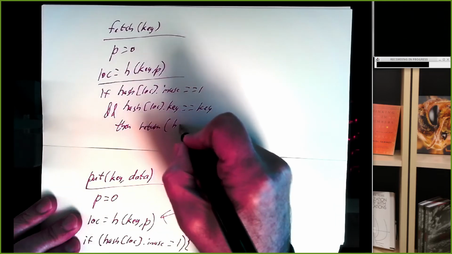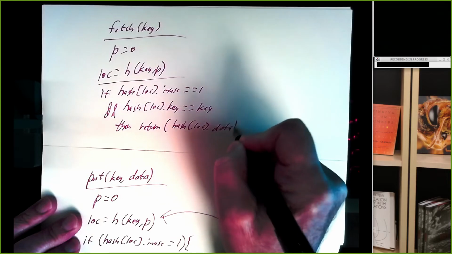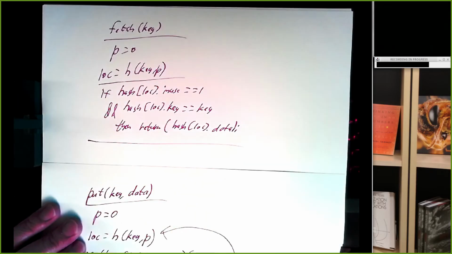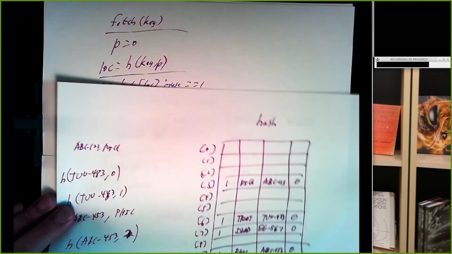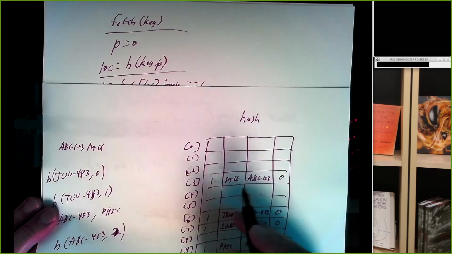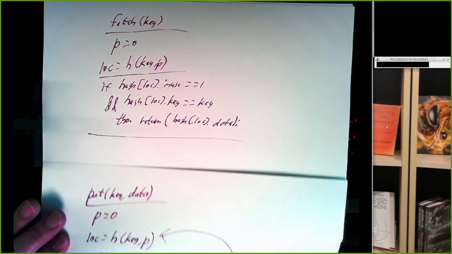So we can just return hash bracket location dot data. So this is the case where we hashed our key, we looked in the table, and we found the thing we were looking for. So that's success.